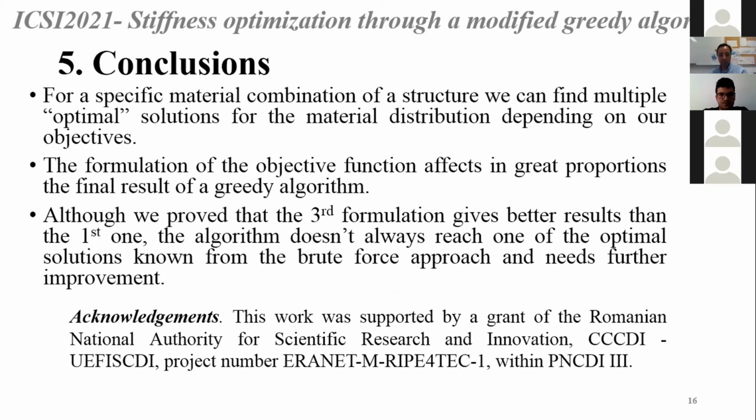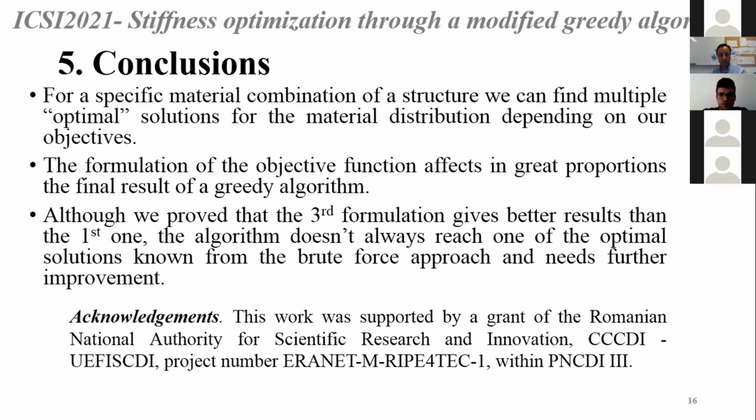For a conclusion, we can say that for a specific material combination of structure, we can have different and more than one material distribution depending on our objective function. The formulation of this objective function is the biggest point of interest in this model.